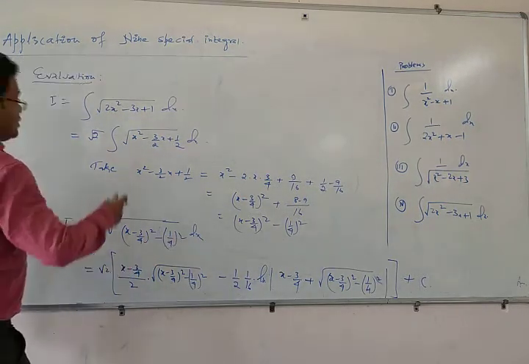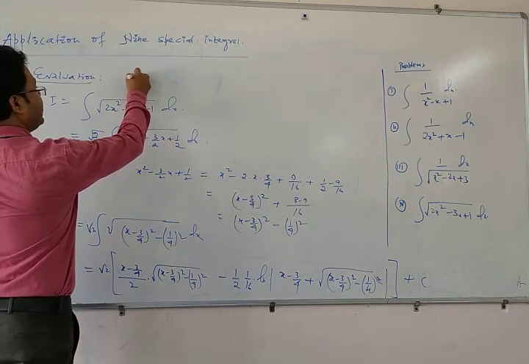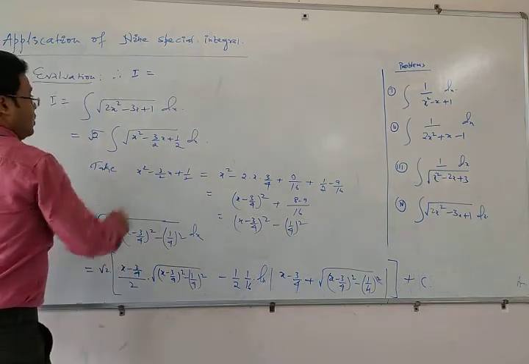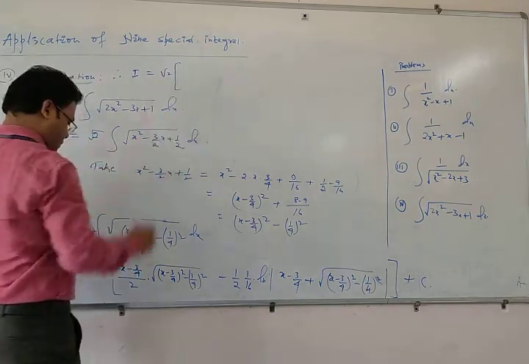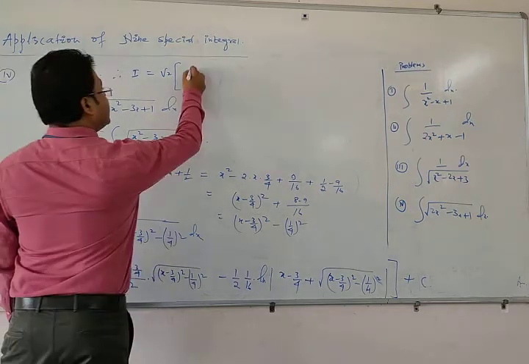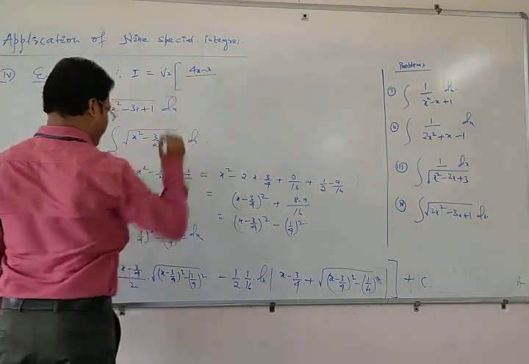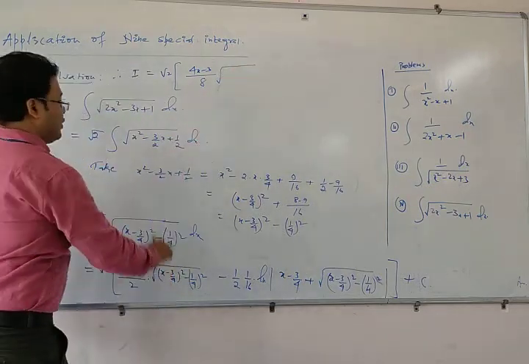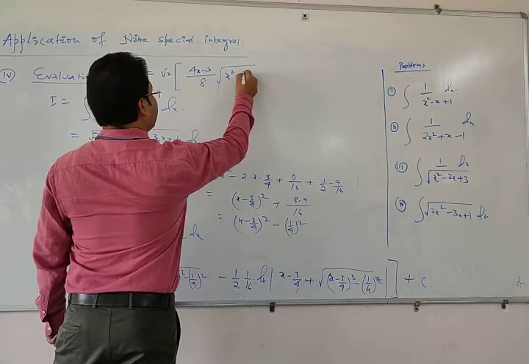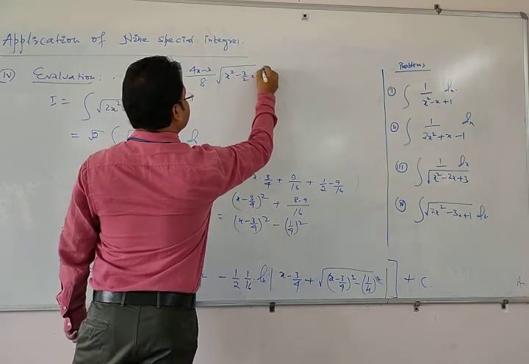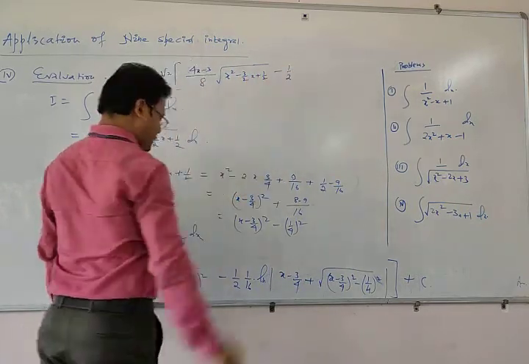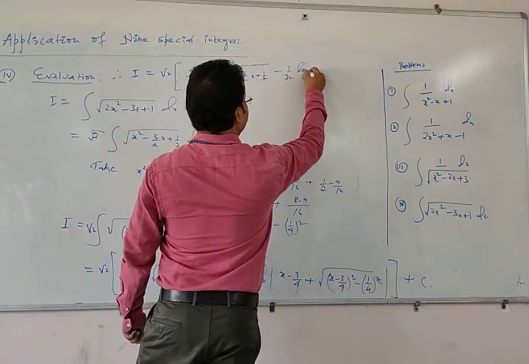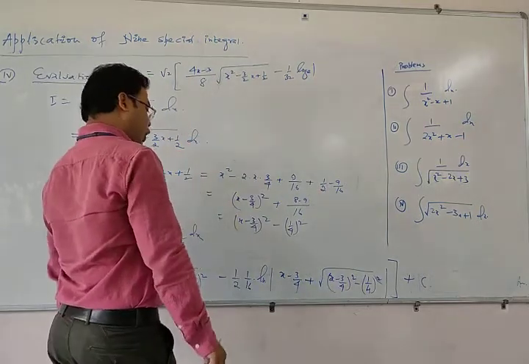So after simplifying, finally we will get I is equal to root 2 into 4x minus 3 upon 8. In place of this, you can write x square minus 3 by 2 into x plus half, minus 1 upon 32 ln, which means log base e mod.